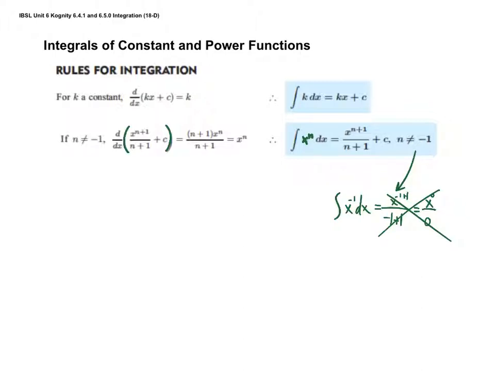Wouldn't that just be C though? If you're doing the integral of x to the power -1, wouldn't you just have C? No, because it'd be undefined. It'd be undefined because it's over 0. When you take a derivative, you take a power down.